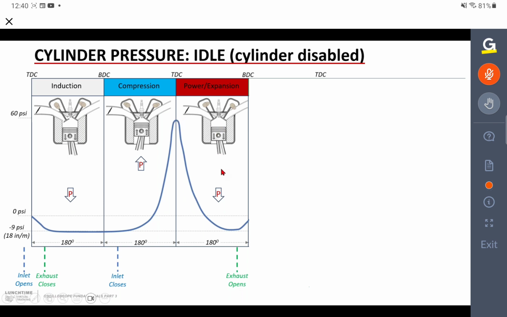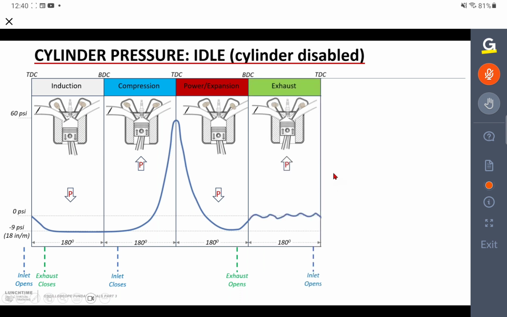The piston comes down on the expansion stroke. And as the piston descends, it opens up the volume in the cylinder again, and the pressure now drops down once again to about -9, -10 psi, or 18 or 20 inches of mercury, at which point the exhaust valve then opens. And we should be getting the exhaust valve opening here. There we go.